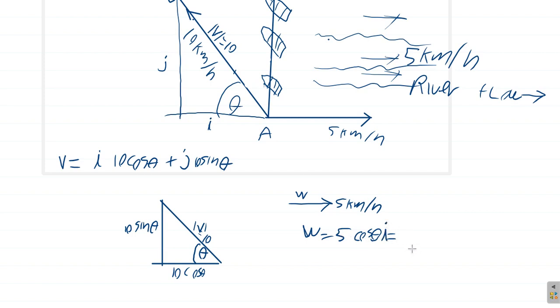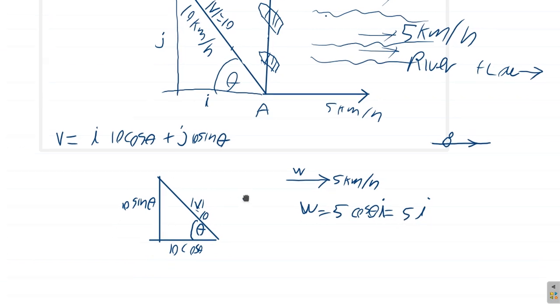Cos of 0 is 1, because the angle between the flow of the river and the horizontal is 0 degrees, since both of them go horizontal, right? So it's 5i. Alright? So that is what you have.